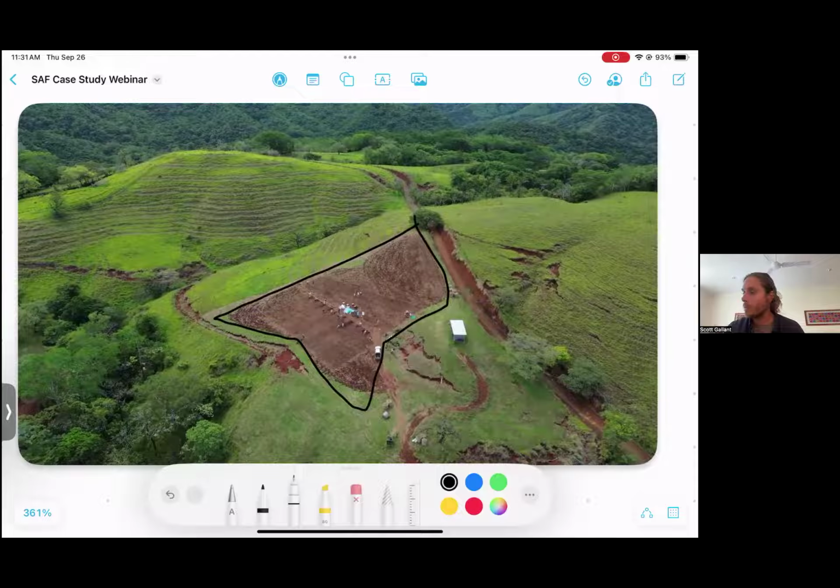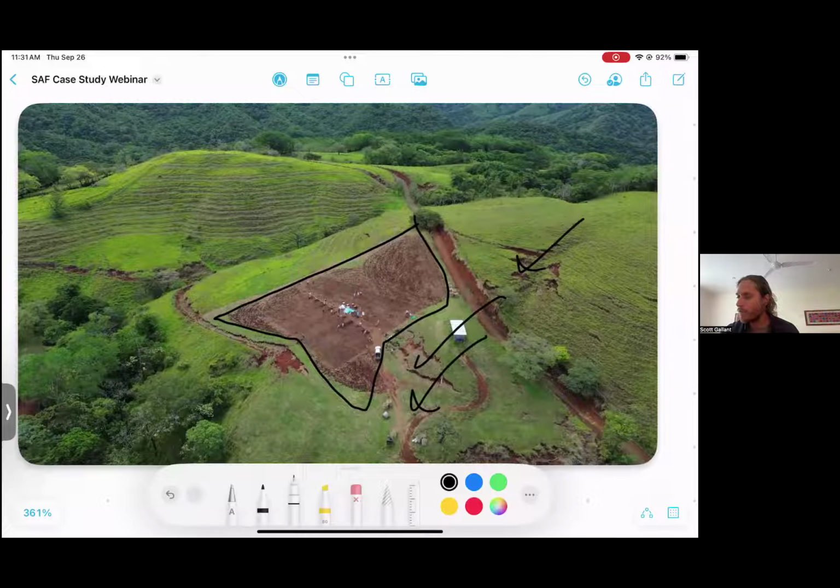So when we were thinking about what case study to do of all of our projects, we wanted to bring in one that had a lot of interesting things happening around it that really informed a lot of our decision making. So as you can see, this is a pretty steep site. There's a lot of erosion uphill and kind of sliding through here.